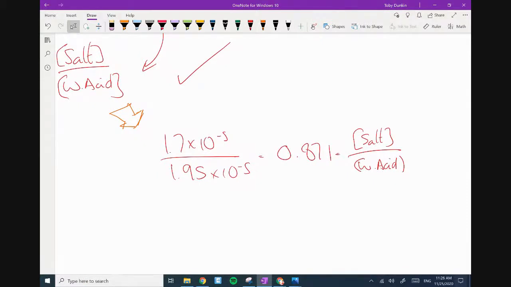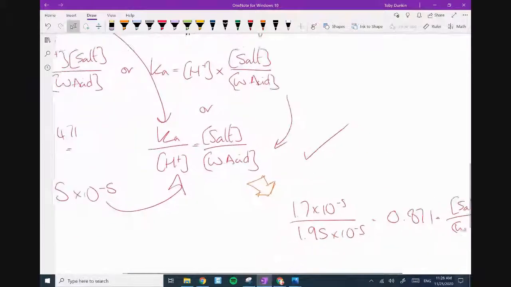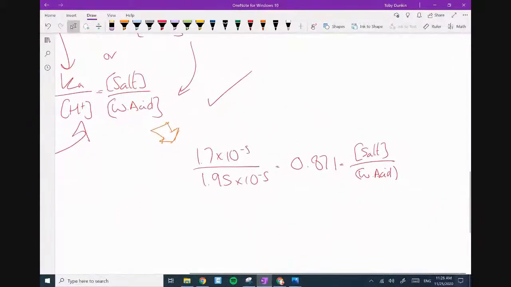Well, how could I split that into a fraction? If I do 1 divided by 0.871. Donna says no. That's hilarious. Donna says no, but Dad says yes. I get a value of 1.1, right.